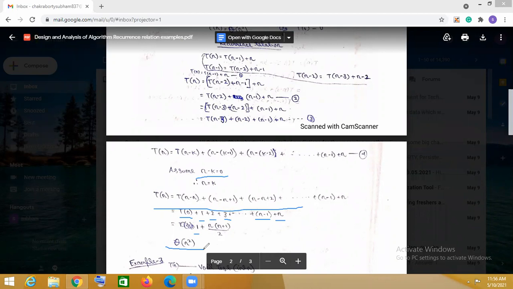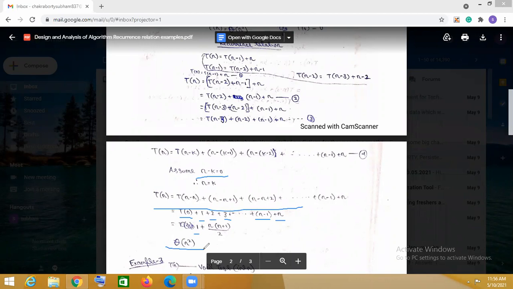Okay, so how you have to solve this, or how in mathematics you have already seen this: GP series, then AP series, these will be used in solving this recurrence relation. So you should be clear on that.